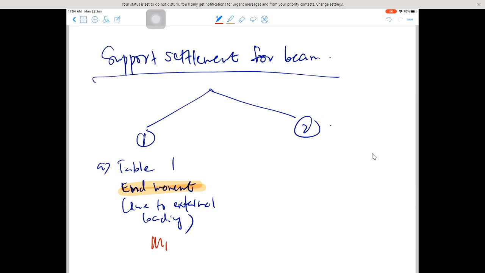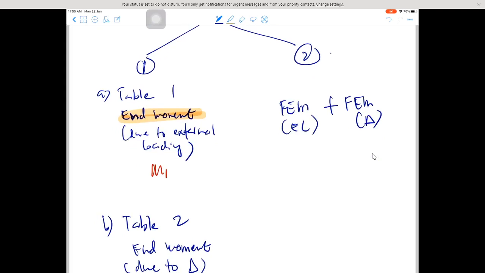Option number 2, we can calculate FEM due to external load, and we can calculate FEM due to delta, because for both conditions we can determine the value. So for option number 2, we can actually combine these FEM, and then we will solve using one table.